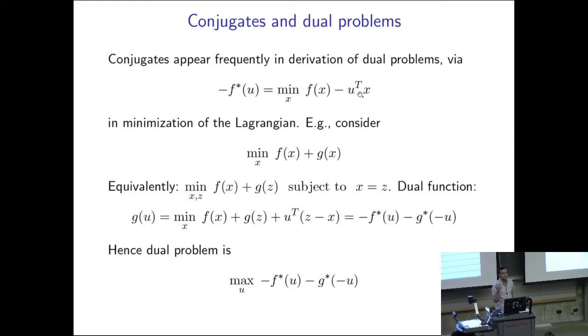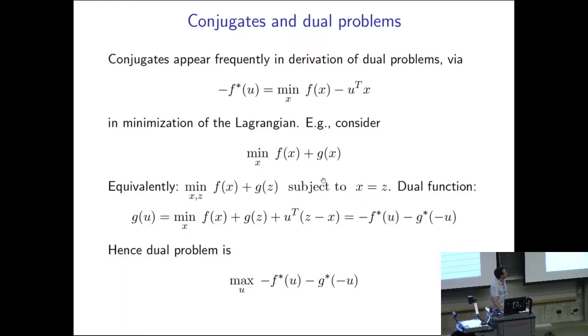I just negated both sides of the definition of the conjugate. And this is exactly what looks like a piece of the Lagrangian. If u was a dual variable and f was a combination of the criterion and constraint functions or something else, then this is exactly what we see when we minimize Lagrangians.